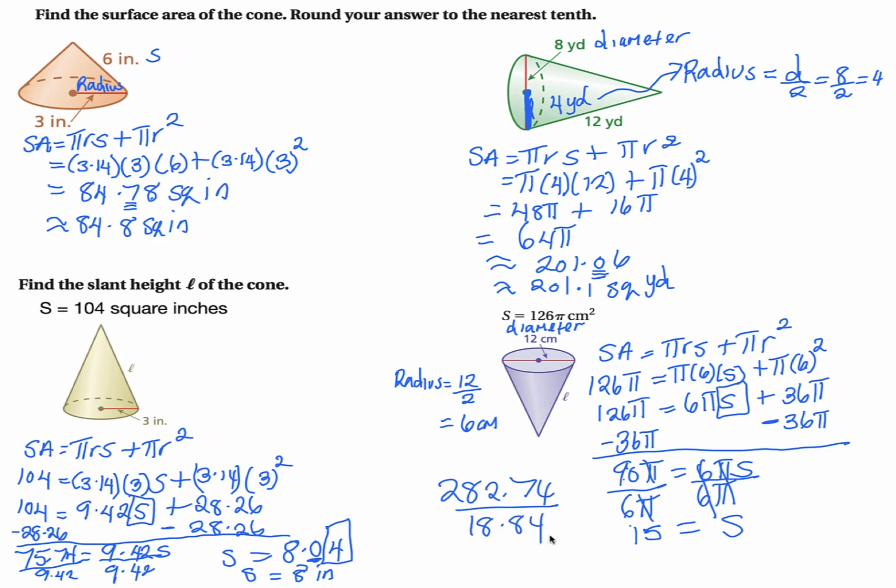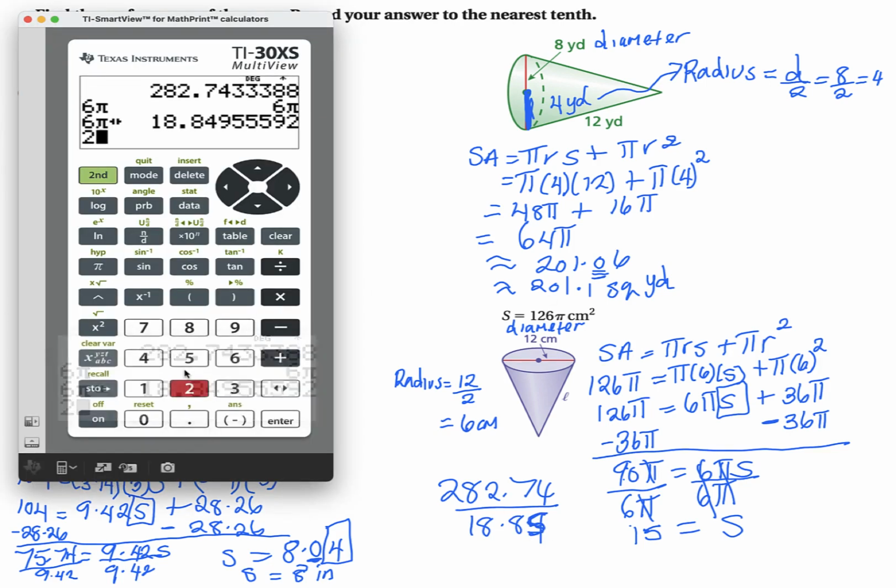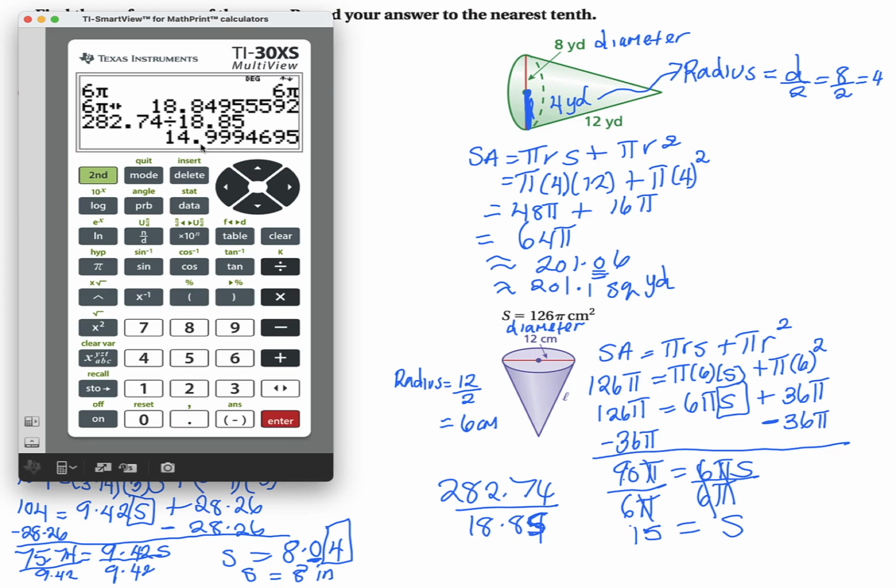So 282.74 divided by 18.85, and you get 14.999, and then when you round it, you're going to get 15.